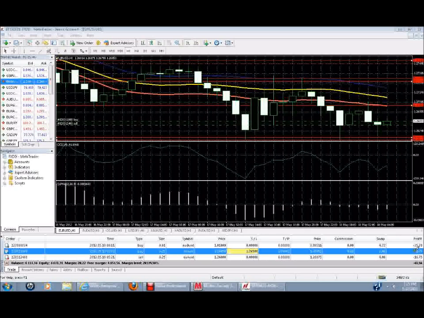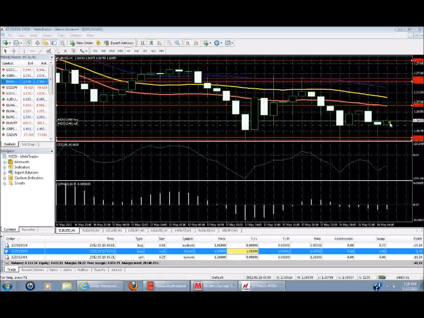And as you can see, starting to see a little profit going this way. Now it's not going to go any farther than this right here.